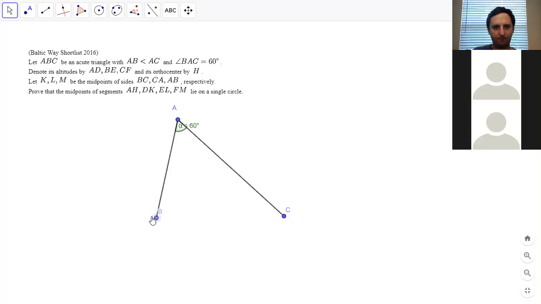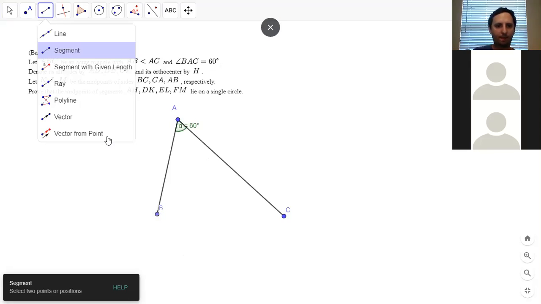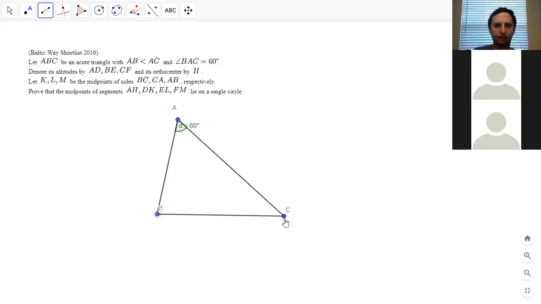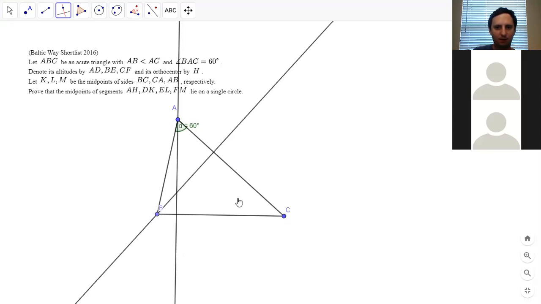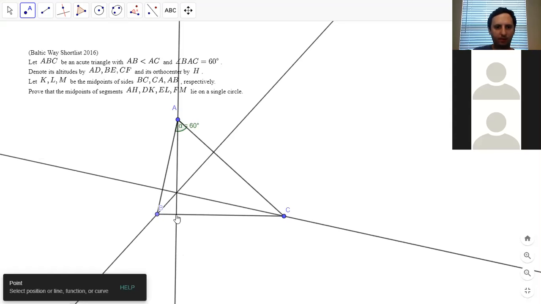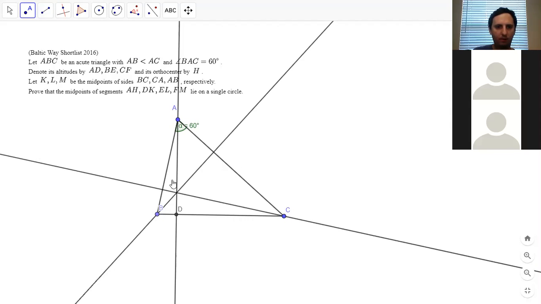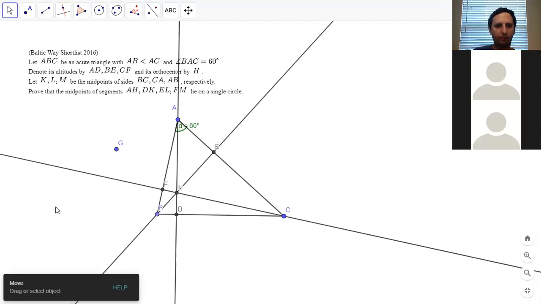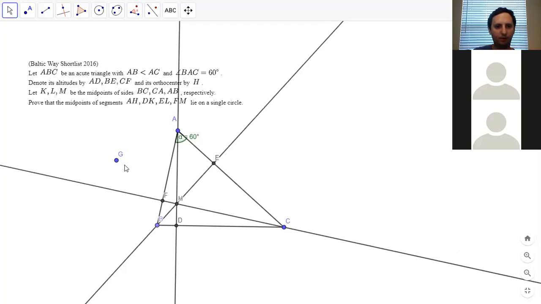All right. And then we draw the three altitudes and the orthocenter. So AD, BE, and CF. K, L, and M are the midpoints of BC, CA, and AB.